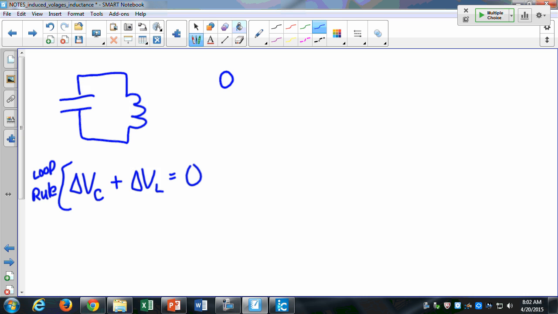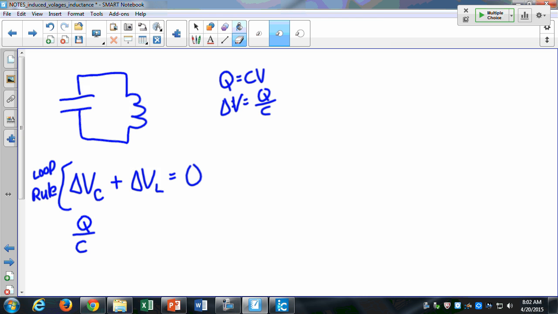I know that because Q is equal to CV, and we had that for capacitors, then V is equal to Q over C. So I have Q over C plus, or excuse me, not plus, minus. What is my EMF of the inductor?